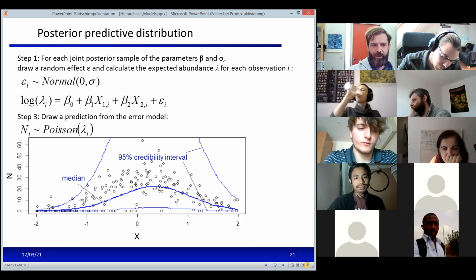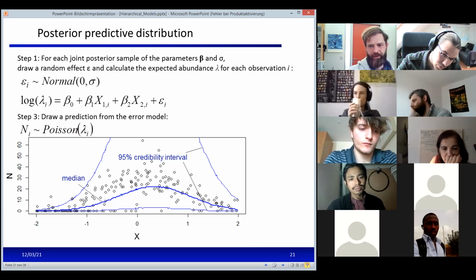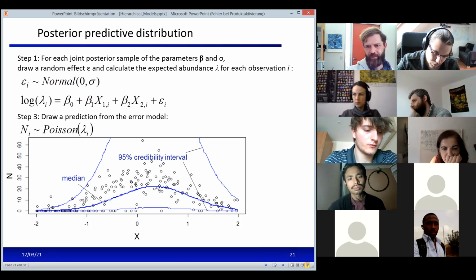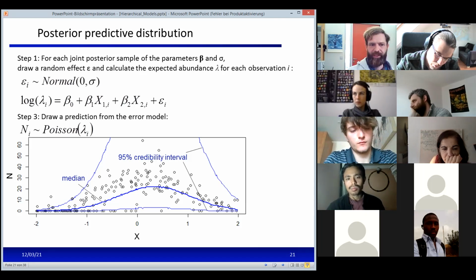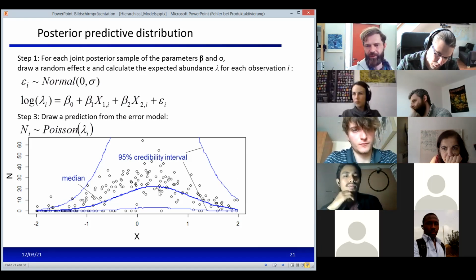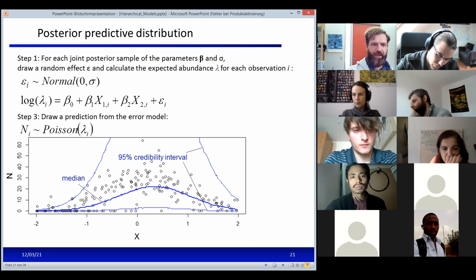And thereby I incorporate this additional stochasticity or uncertainty when I make predictions from the model, and thereby these posterior predictive distributions become much wider, and also include more of my observations within, for example, the 95% credibility interval.